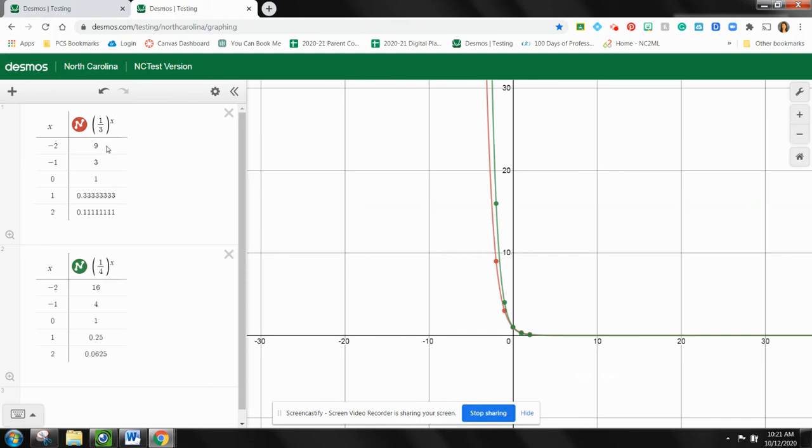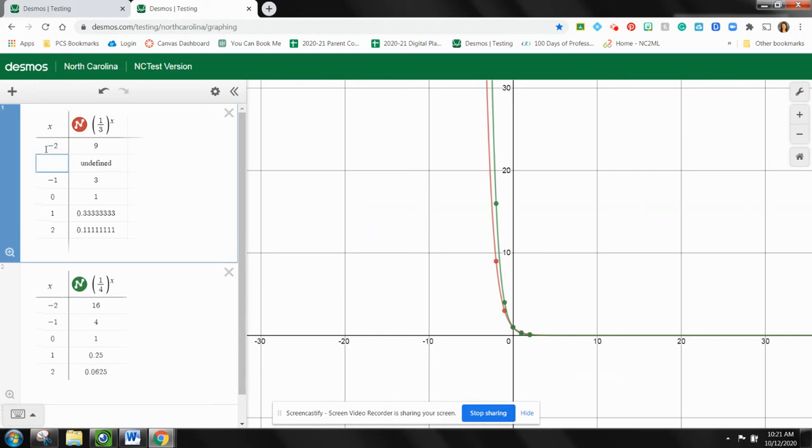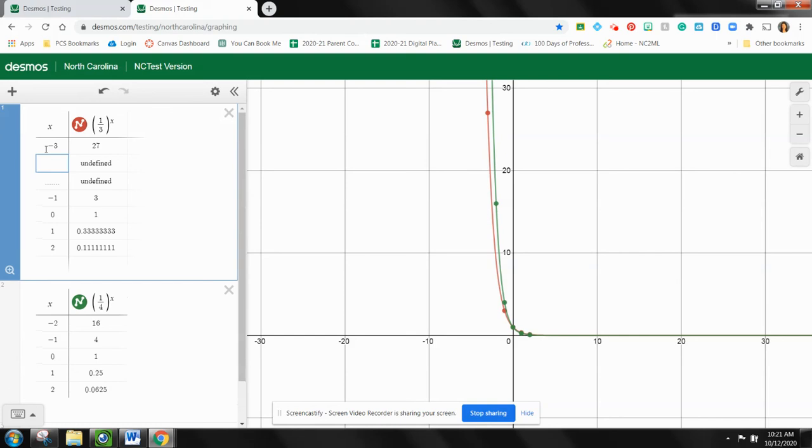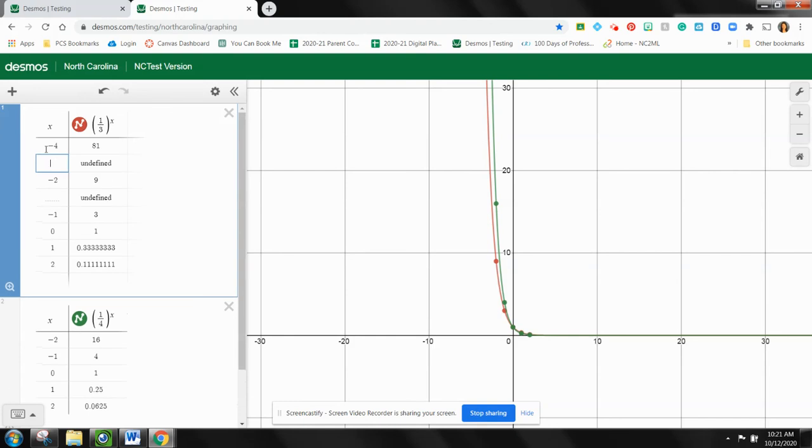So here, I want to add in -3, -2. Oh, actually, I have space. -4, -3, -2. Can I get rid of this one? No, I can't.